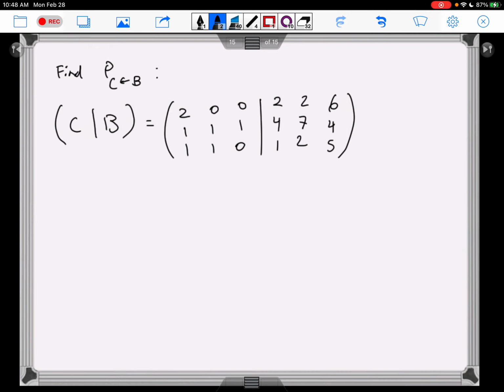And I worked this out, but I don't want to do all the math right now. So this is just going to be row operations. We want to get it to look like the identity. We end up with as follows.